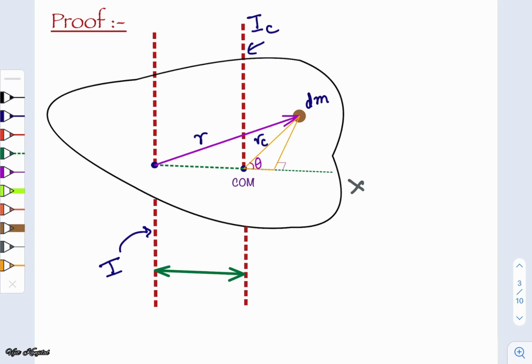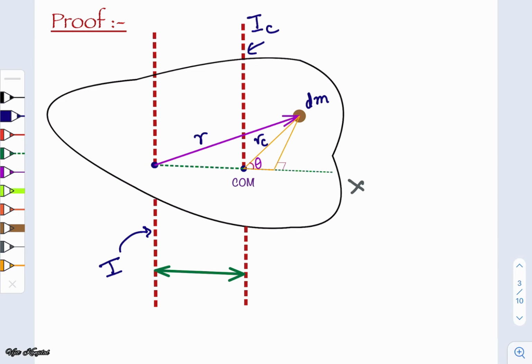Now let us consider the plane that is formed by these two vectors r and rc. In this plane, we take the components of rc along this direction and this direction. One direction is along the line joining these two axes, and the other direction is perpendicular to it.